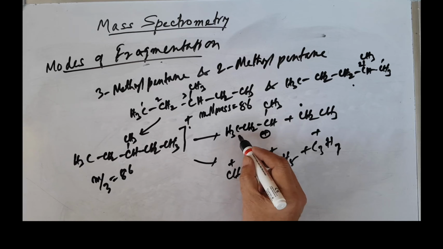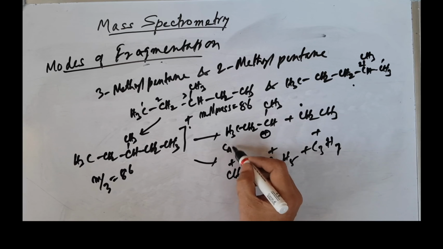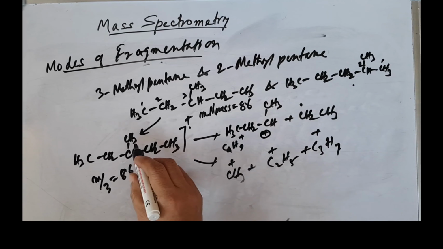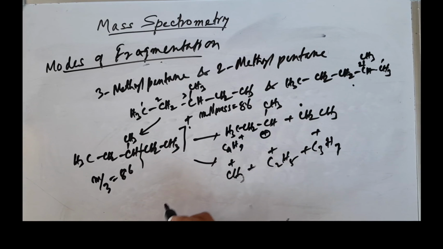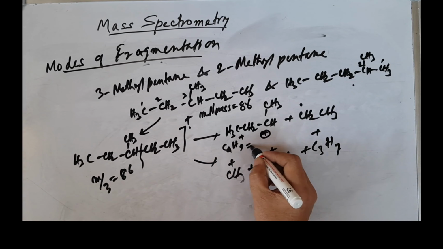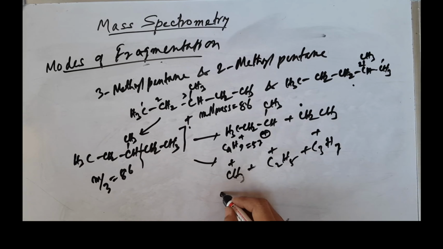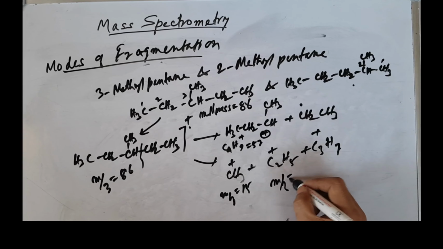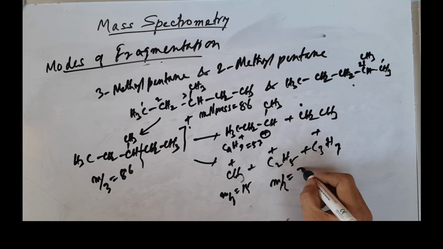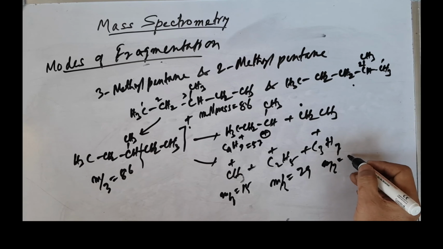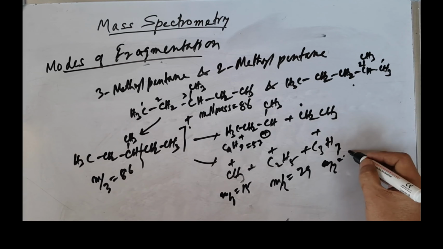So fragmentation takes place here at the branching point, and you get C4H9, whose mass is 57. This is m/z 15, m/z 29, and m/z 43.